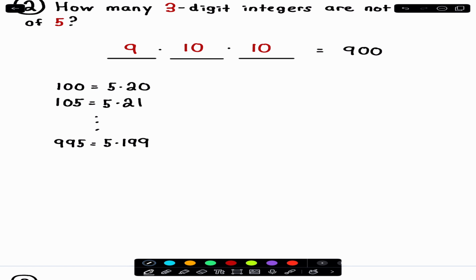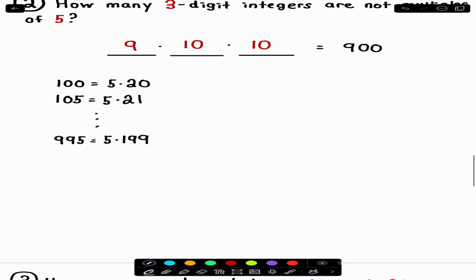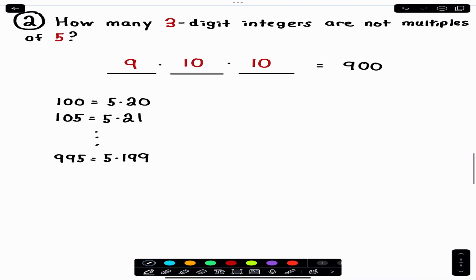So as I said before, just completely ignoring the 5s, that leaves us with a list that goes something like this. We are left with the number 20, 21, and this goes on to 198 and 199. So that's how we're going to count this.